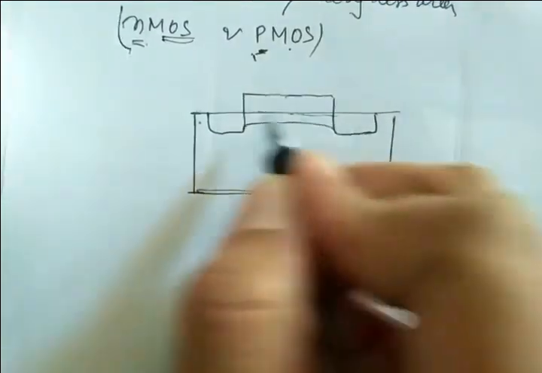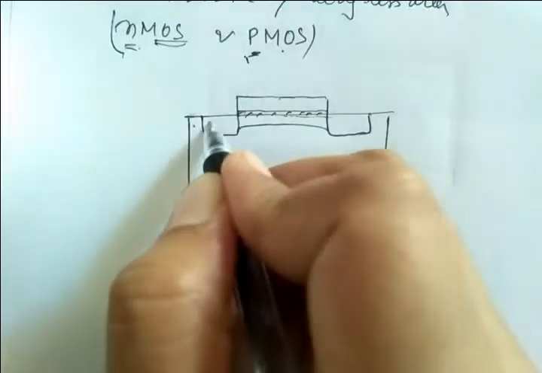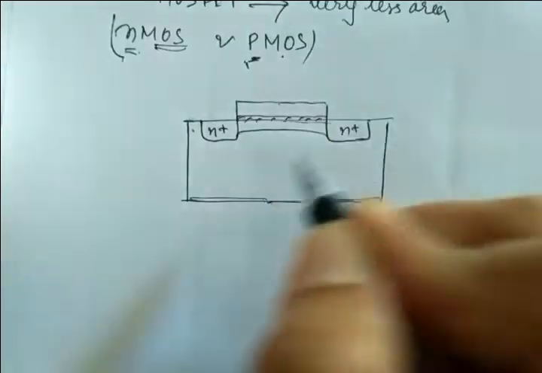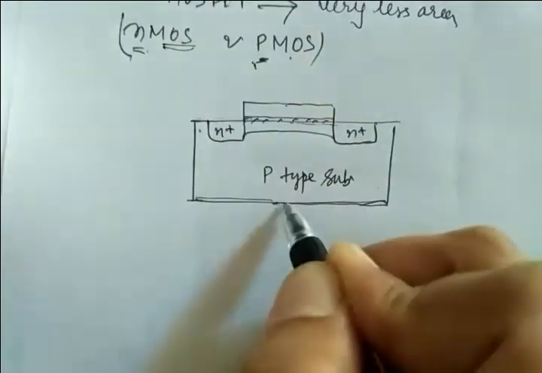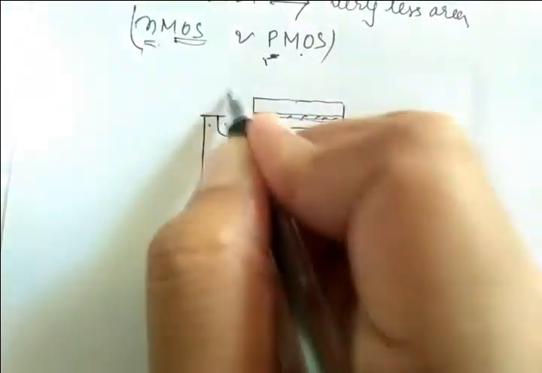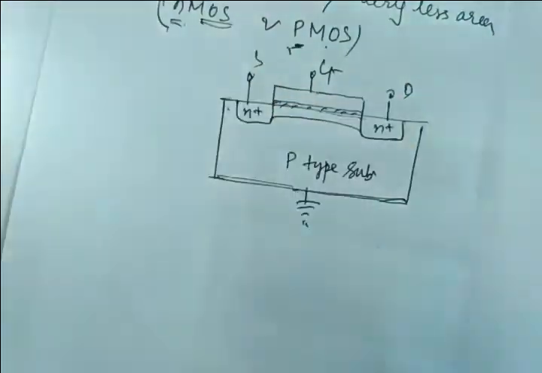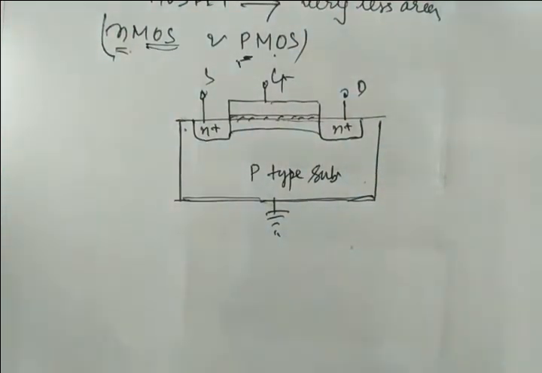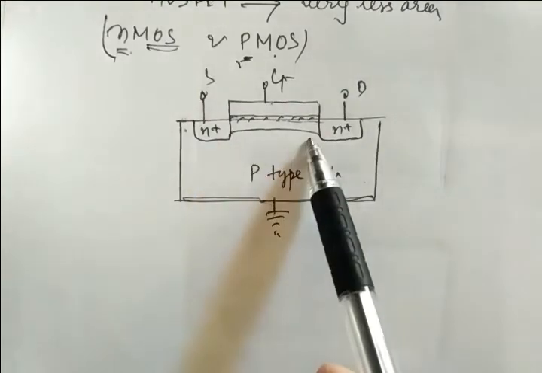This is your channel, this is the oxide layer, and this is your two-terminal device. This is the p-type substrate, the body is grounded, this is source, this is drain, and this is gate. So this is the simplified structure we are going to build up, with source, drain and channel.